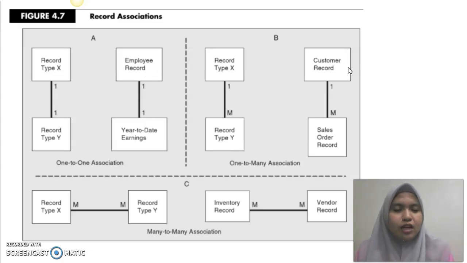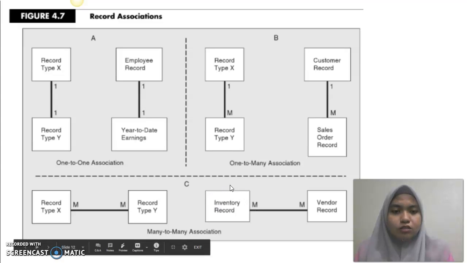For the one-to-many, the customer record has many sales order records, where one customer can have many sales order records, as they can buy more products at different times. For the many-to-many association, we have many kinds of inventory and also many vendors. So we have a many-to-many relationship.